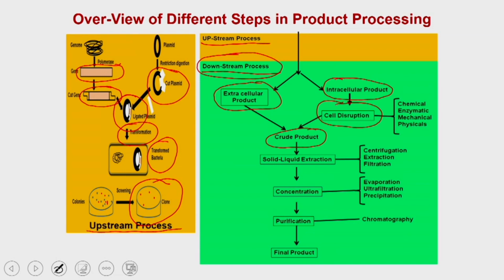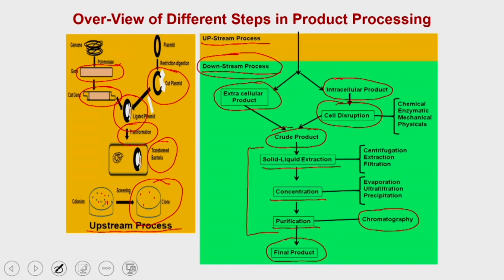Once you got the crude product, which is either from the extracellular product or the intracellular product, then it will go through different types of purification stages, where either you do the solid liquid extractions, then you will do the concentration, and then you will do the purifications using the chromatography techniques, and then finally you are going to get the purified product.